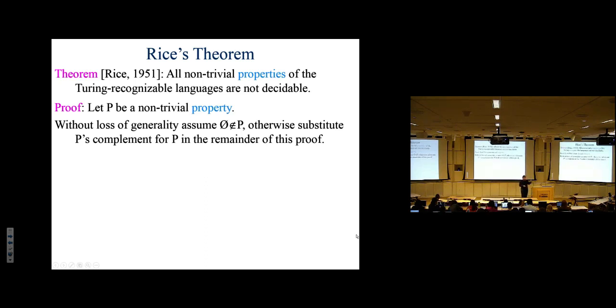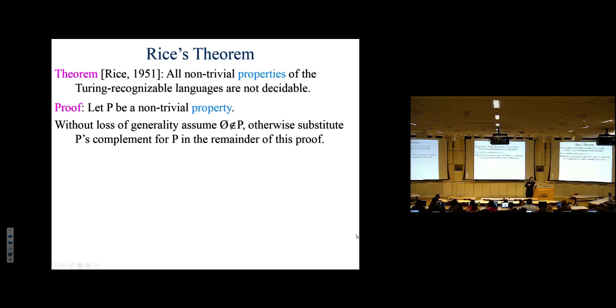But if it is there, all you've got to do is negate that property and prove it about the complement of that property, because a property is decidable if and only if its complement is decidable, because you can invert yeses and nos. So you can't have that something is decidable and its complement language is not decidable, because if the complement is not decidable, the complement of the complement is the language itself.